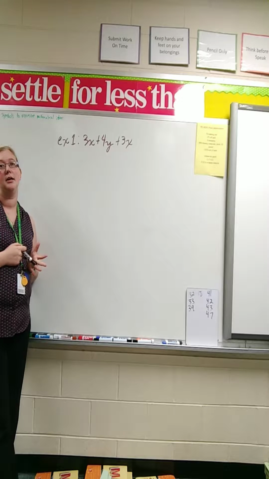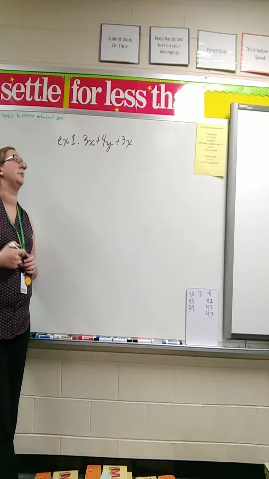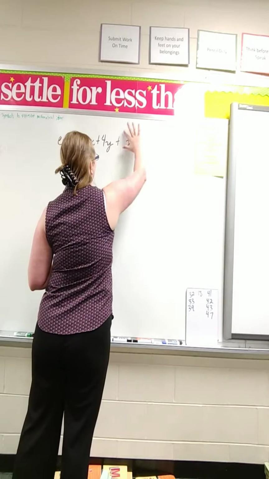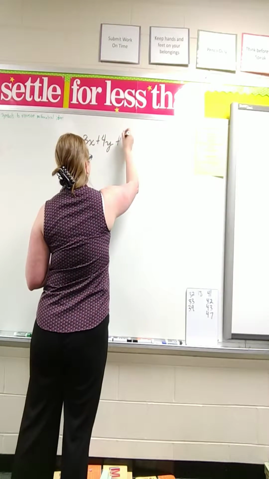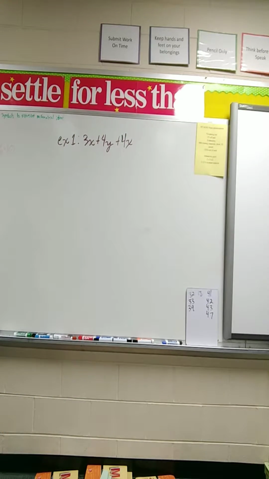Because there's two different numbers and variables. Okay. What are my 3 terms? 3x, 4y, 3x. Very good, except this isn't a 3, this is supposed to be 4. Sorry about that. Does changing that to a 4 change the number of terms? No.